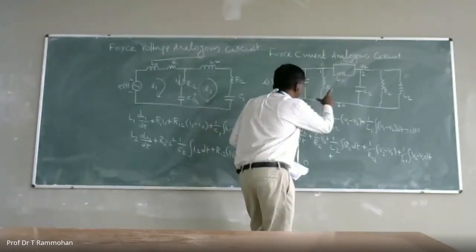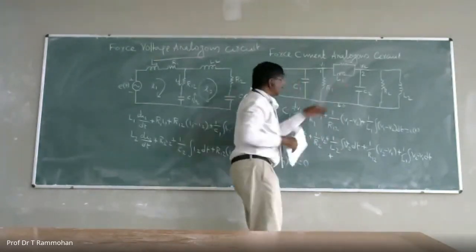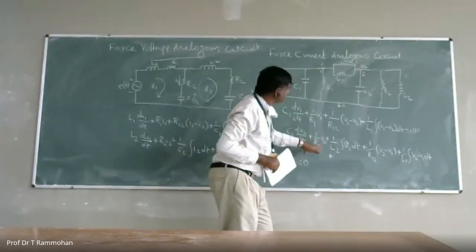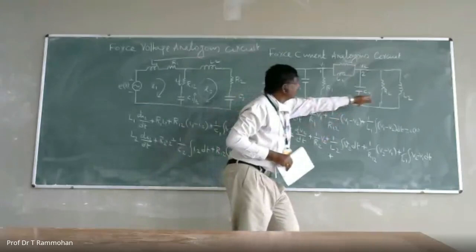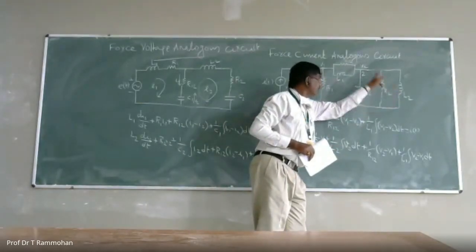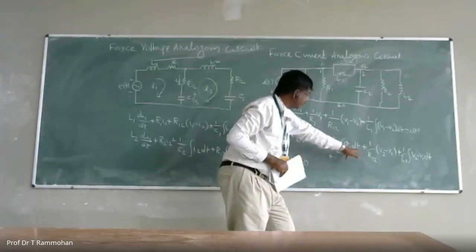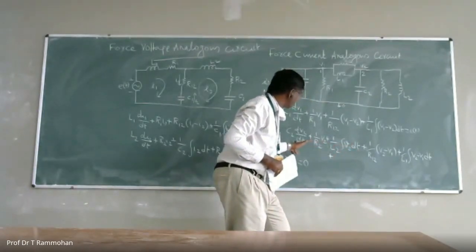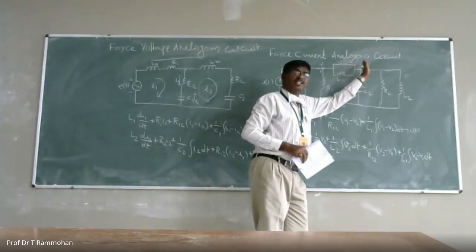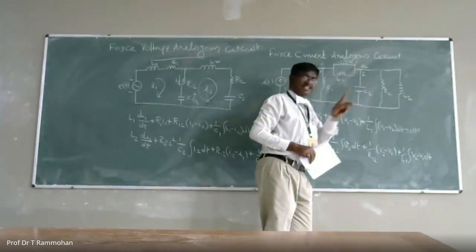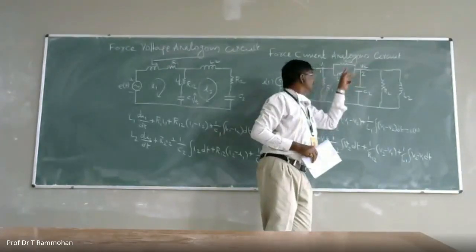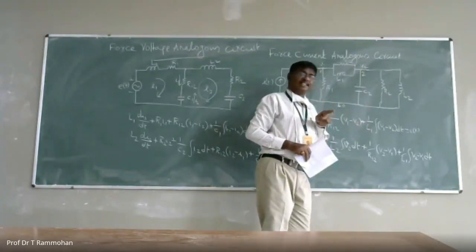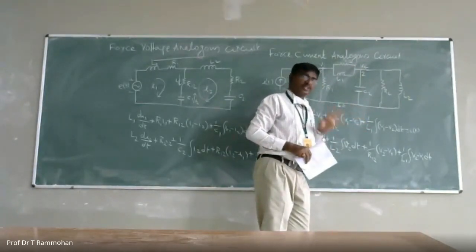C2 dV2 by dt plus 1 by R2 V2 plus 1 by L2 integral V2 dt. This experiences only this voltage V2. And these two elements experience, as we have discussed, voltages V1 and V2. We are writing the equation for node 2, so V2 is positive.